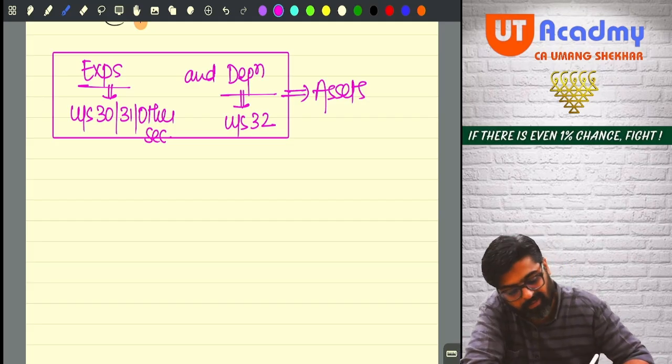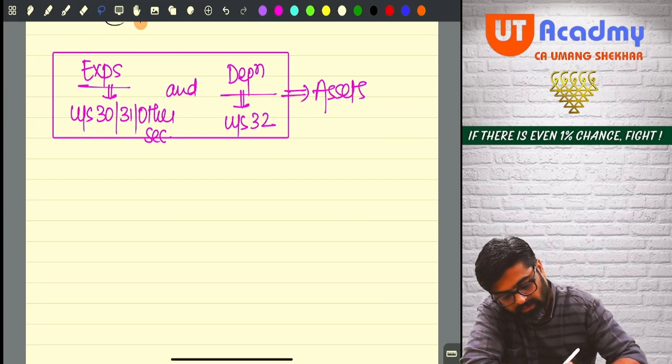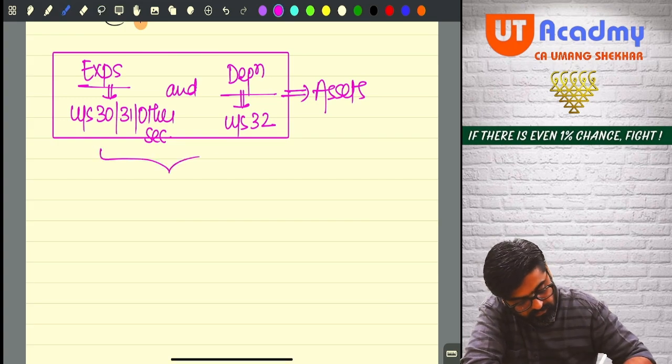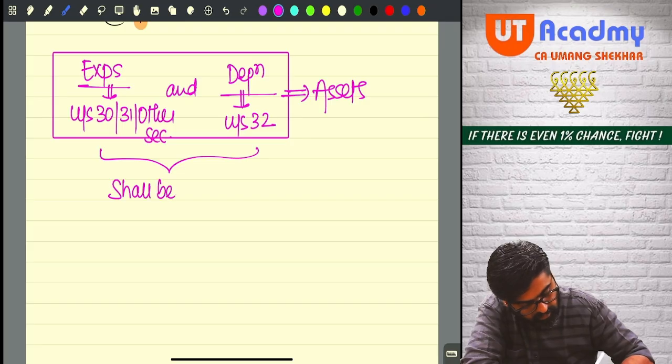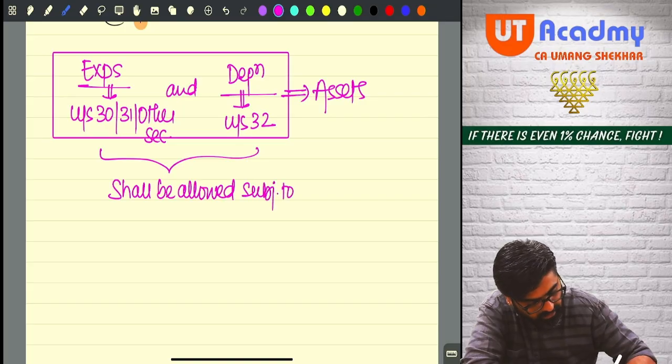So can I say expenses and depreciation of the assets shall be allowed subject to section 38.